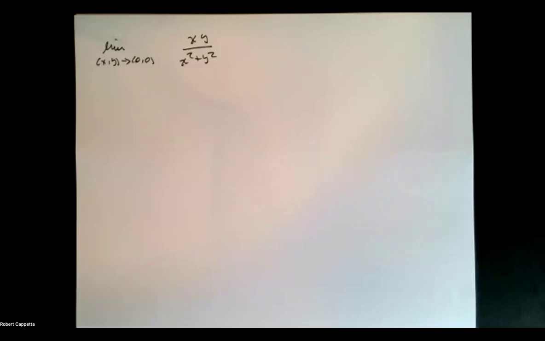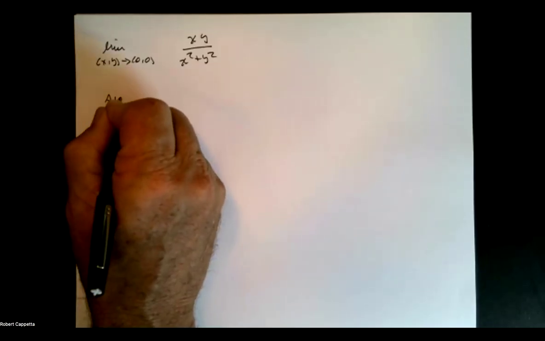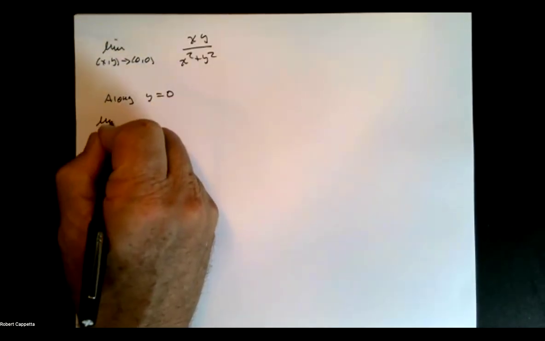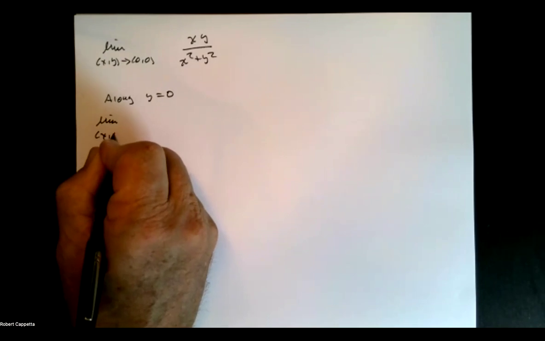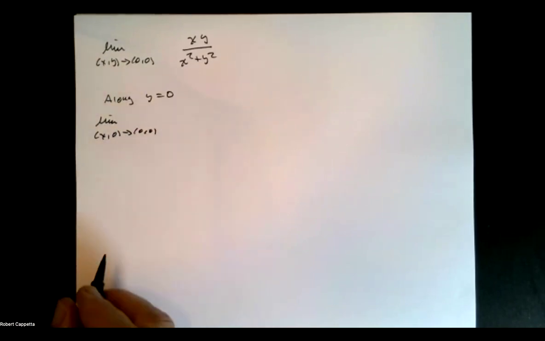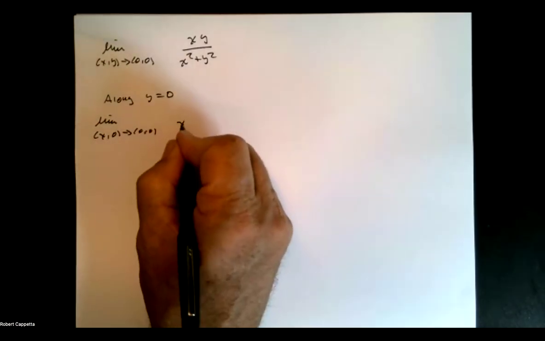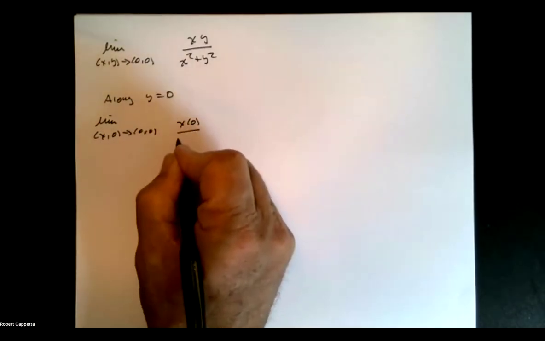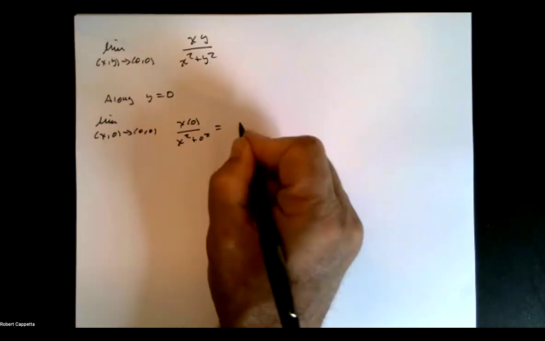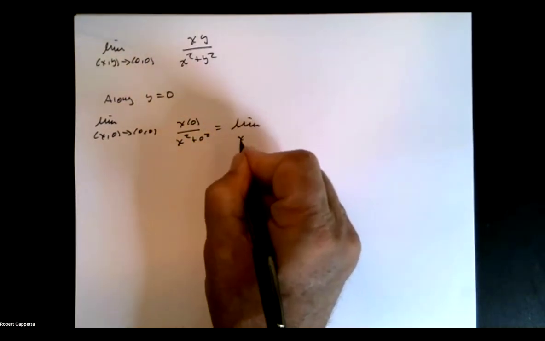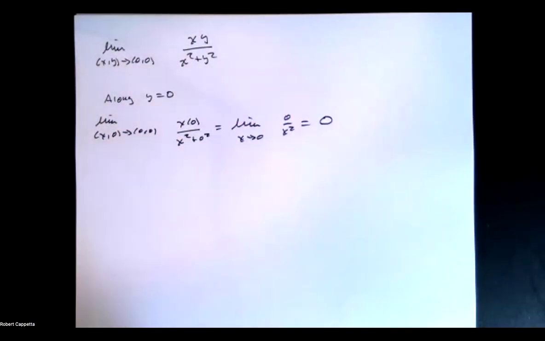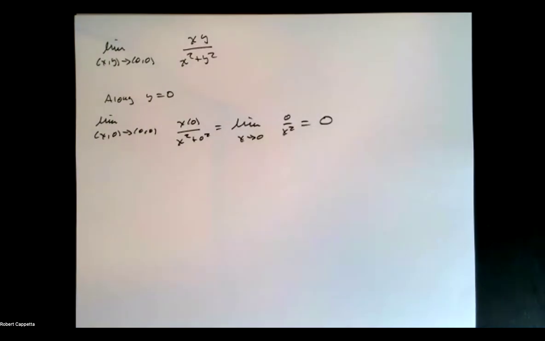So if I approach along y equals 0, that gives me the limit as (x, 0) approaches (0, 0) of x times 0 over x squared plus 0 squared, which is the limit as x approaches 0 of 0 over x squared, which equals 0, as was indicated on the spreadsheet.